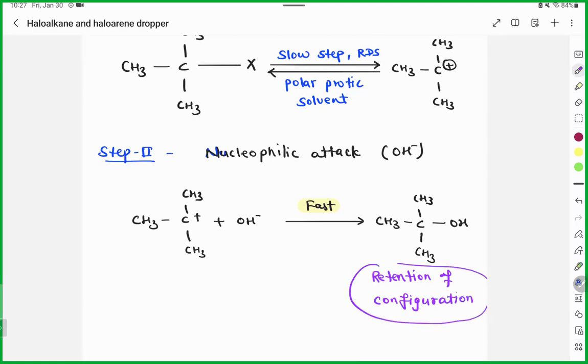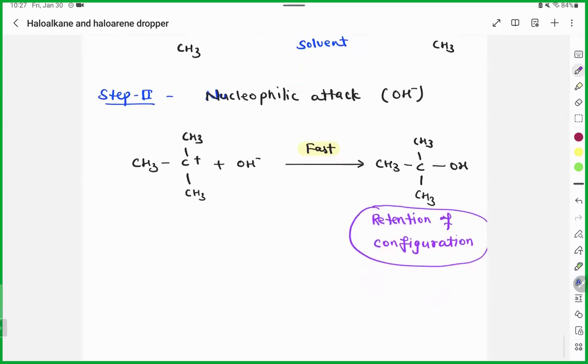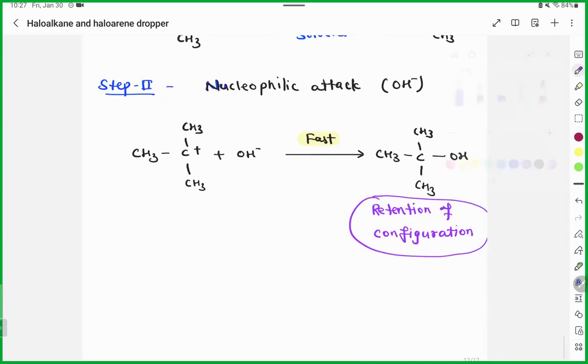Very important: inversion of configuration and retention of configuration. Okay. If you see reactivity compared to SN2, in SN2 the bulky side groups create steric hindrance. Here, the more groups, the better, because they are supporting the process.